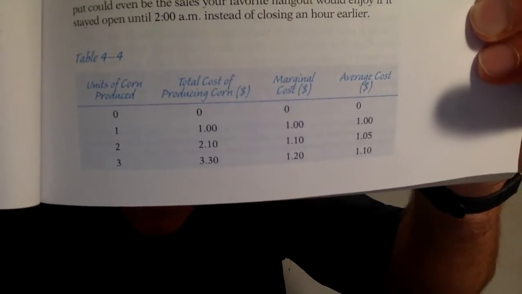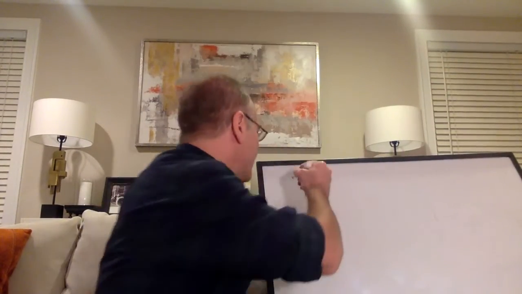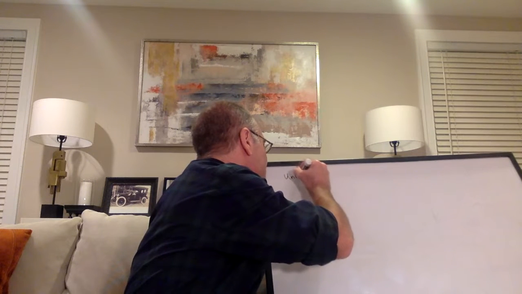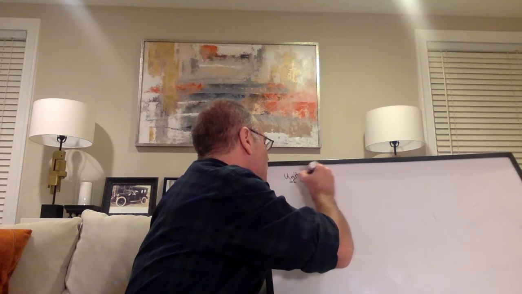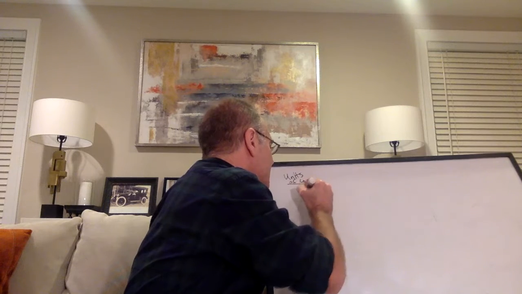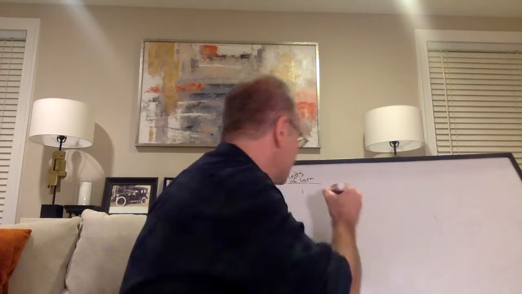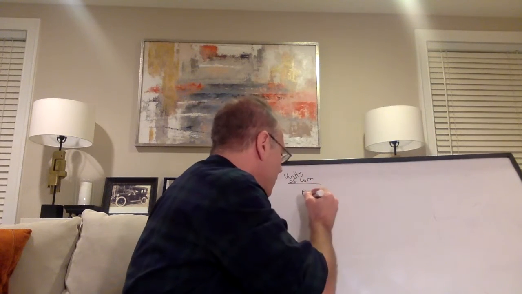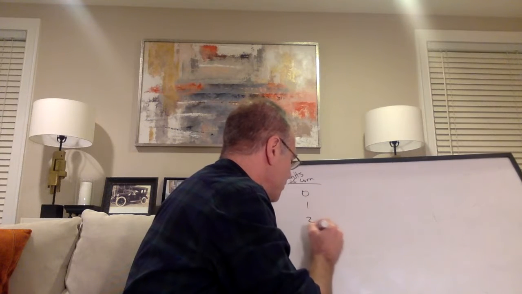Okay, the first thing we're going to do is list units of corn. Let's start at 0. You have 0 bushels, 1 bushel, 2 bushels, 3 bushels. They stop at 3.